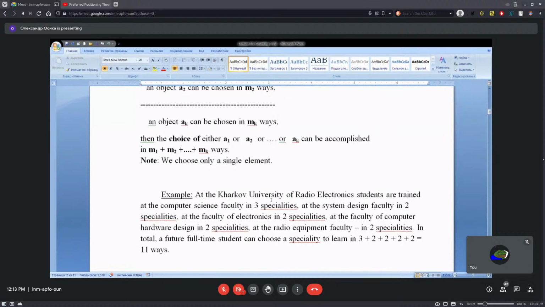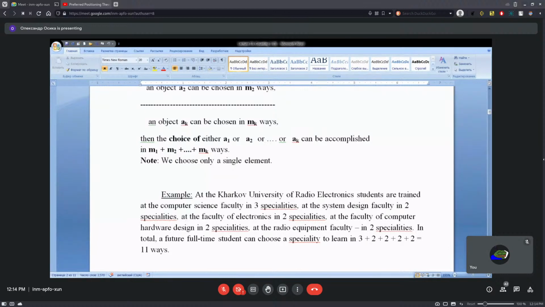At the Kharkov University of Radio Electronics, students are trained at the computer science faculty in three specialties. At the system design faculty in 2 specialties.